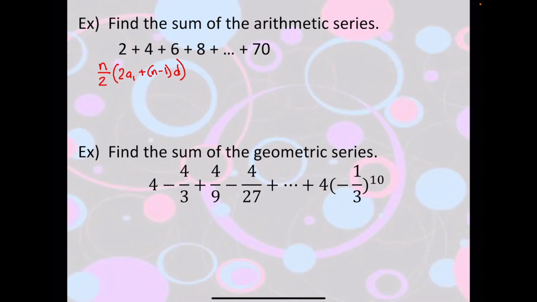Well, right now I know a sub 1 is 2. Here's a sub 1. And I can look at it and just figure out quickly what the common difference is. So 2 to 4 to 6 to 8, every time it looks like I'm adding 2. That's everything except n.